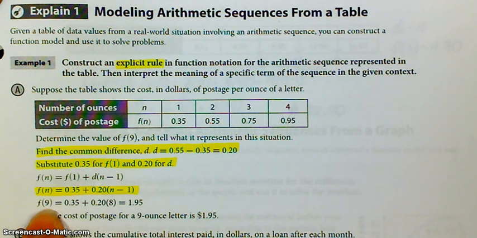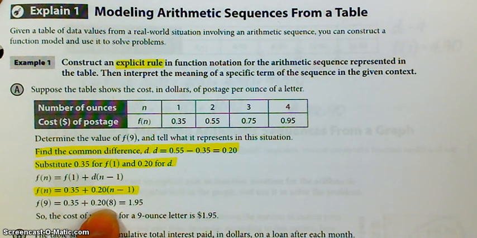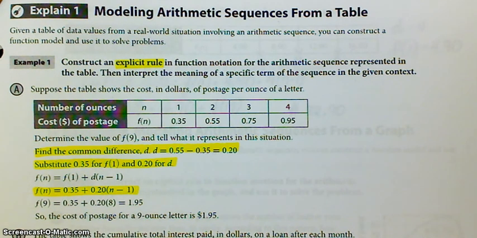So f of 9 is going to be equal to 35 cents plus 0.2 times 9 minus 1, which is 8. And when you do all that math, you get $1.95.